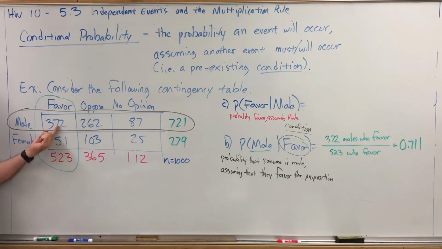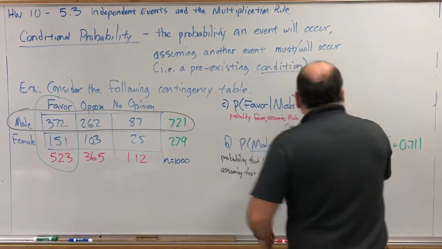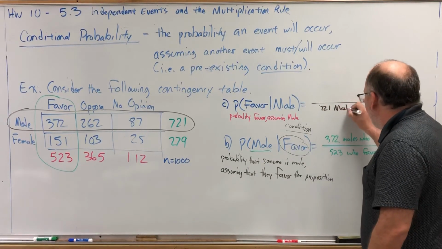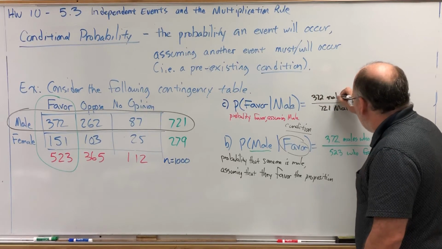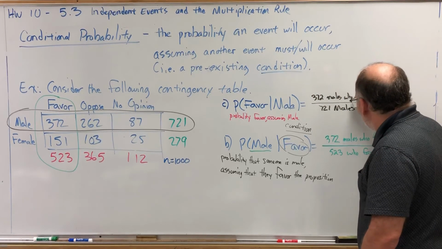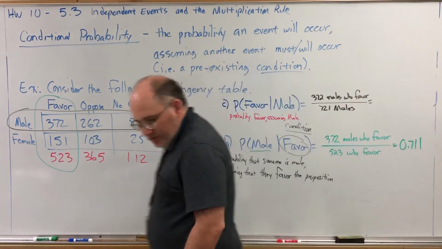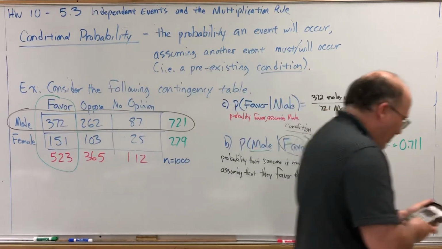Well, it's still 372, but now it's out of 721, because we're working under the condition that you're male. So, out of the 721 males, there were still 372 males who favored. And 372 divided by 721 is a number.